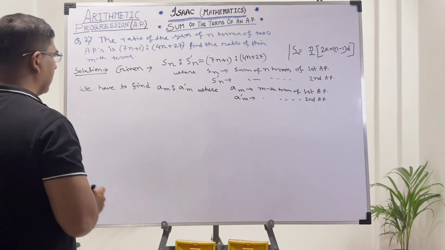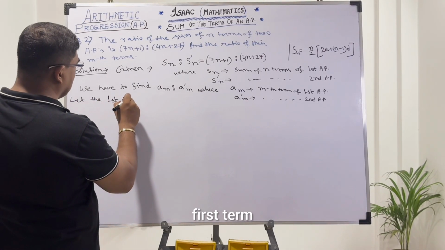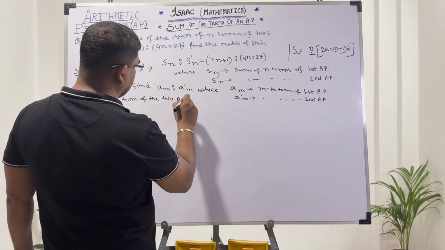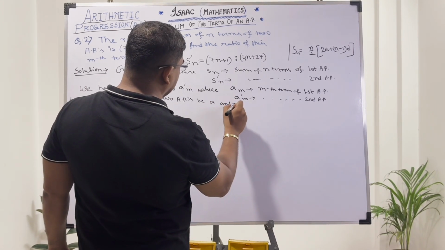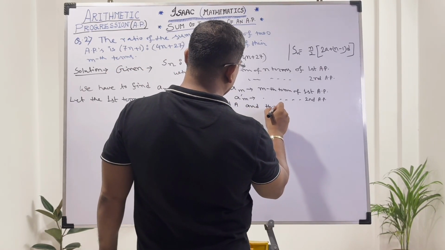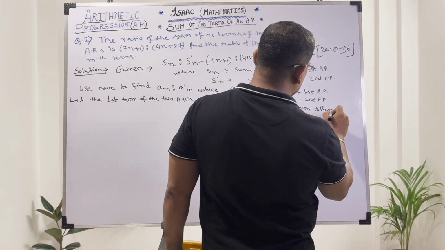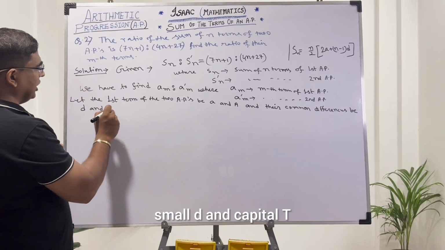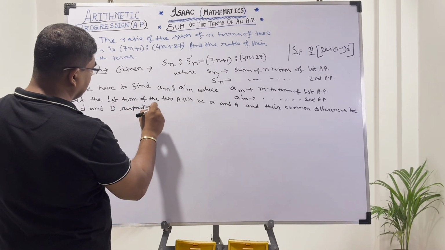Okay. Let the first term of the two APs be small a and capital A, and their common differences be small d and capital D, respectively.